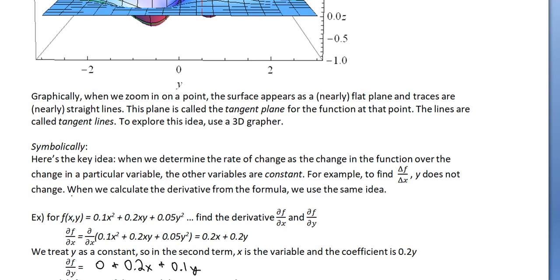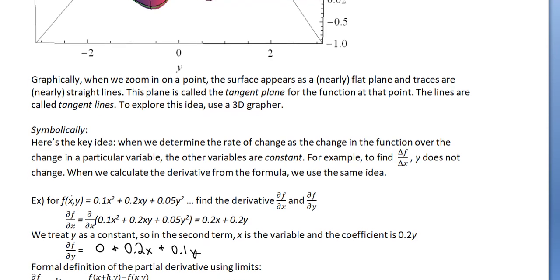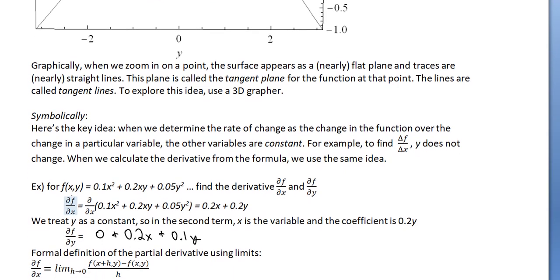That's the key step. Okay, so I'm just going to mention in passing that in the same way that we defined derivatives initially using limits, we can also do the same thing with these multivariable derivatives as well. So for the derivative df dx, we want to take the limit as h goes to 0.